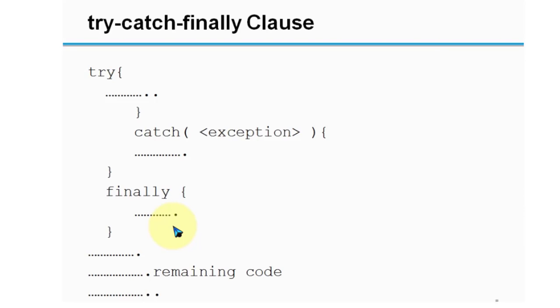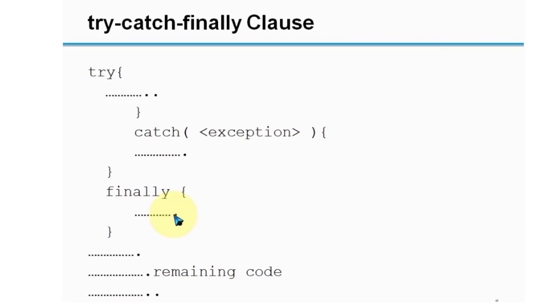Specifically, the code you should write in a finally, as my recommendation and as Java tells you, is the deallocation of the non-Java resources. Only those instructions you should write in a finally. Deallocation of non-Java resources means deallocation of resources which are not related to your Java program, which you are using in the Java program, external resources.